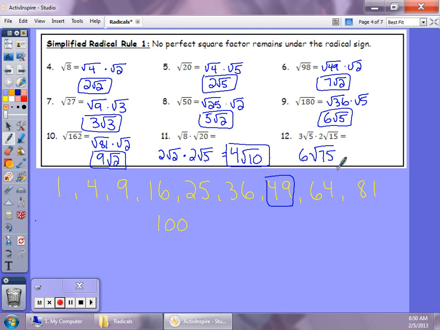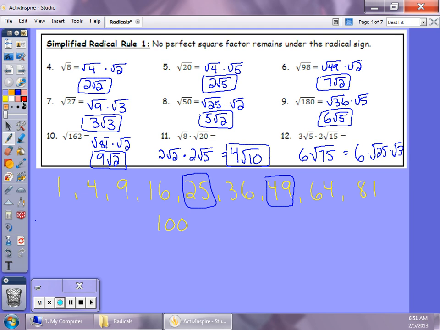So if we go back down to our perfect squares, we can see that 25 is a perfect square that is contained underneath the radical sign as a factor of 75. So we know that the square root of 75 is also the same as root 25 times root 3.